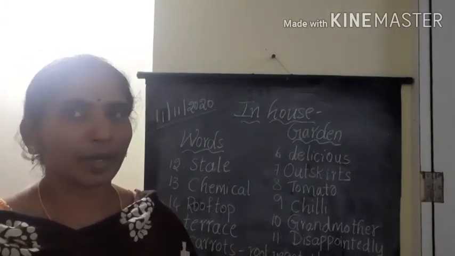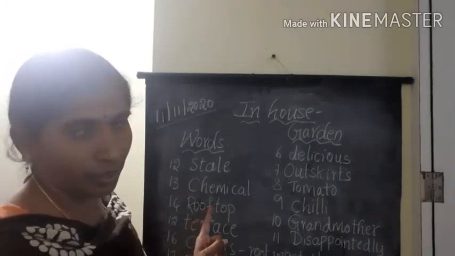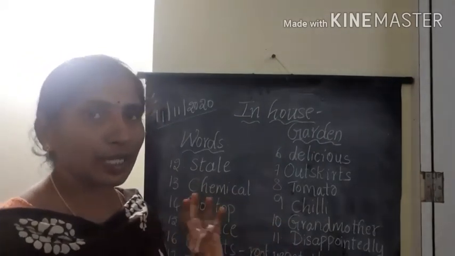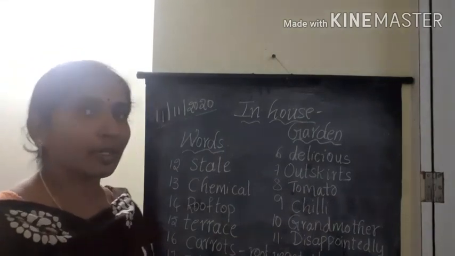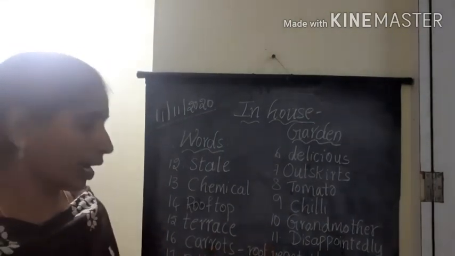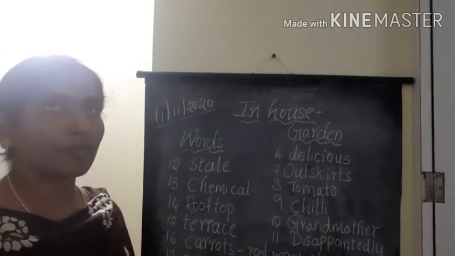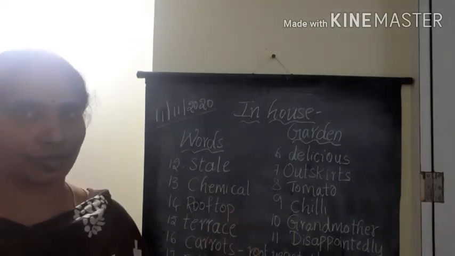She started to make her own garden, that is also a rooftop garden. Then grandmother took Patty with her to the terrace and showed all the plants. Patty understood that carrots are root vegetables and bitter gourds are climbers. This climber plant, which was climbing on the wall, became very beautiful.